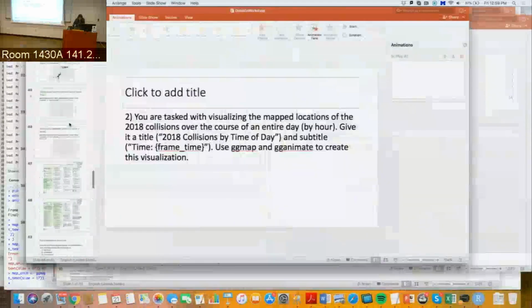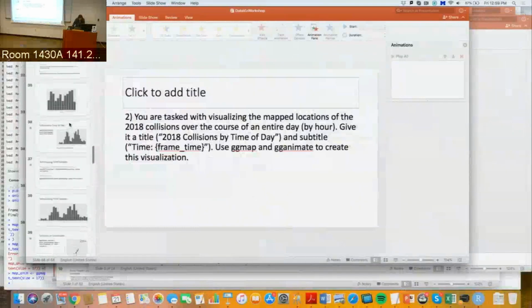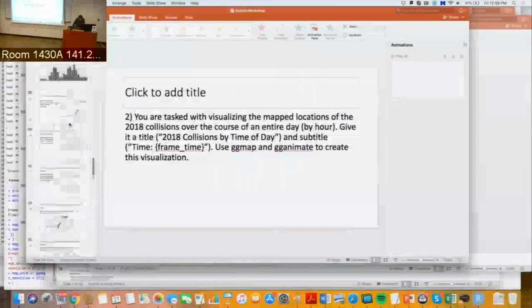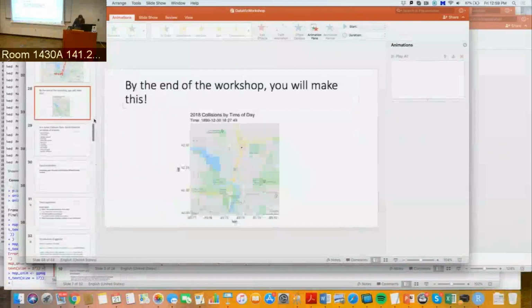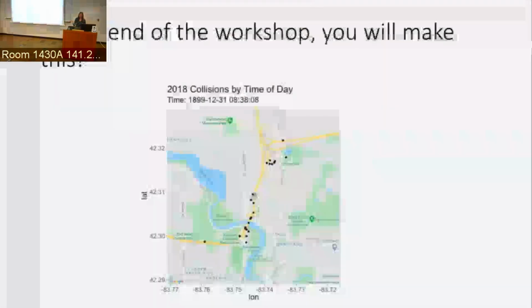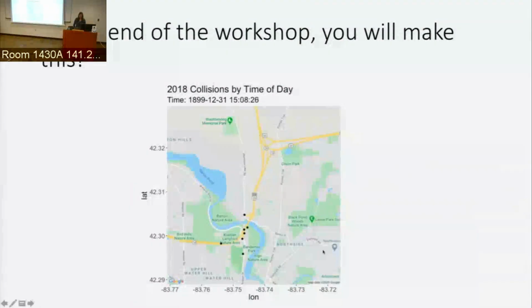Let me show you back here. I showed you at the beginning of the talk what this looked like. In my case, I just did the additional step of saving it as a GIF so that I could then embed it in the PowerPoint.